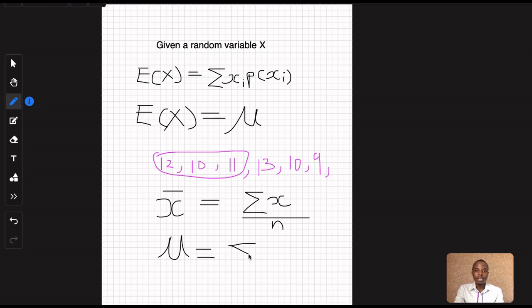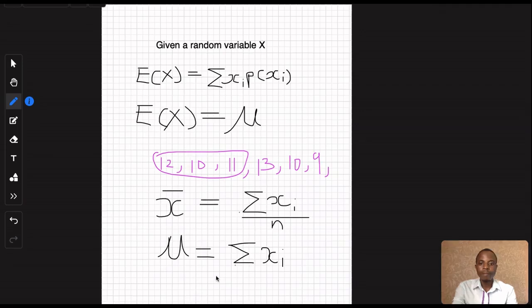But this time around, it's going to be summation of xi because you're summing all of them. So i will take values from 1 to capital N, and we'll be dividing by capital N.